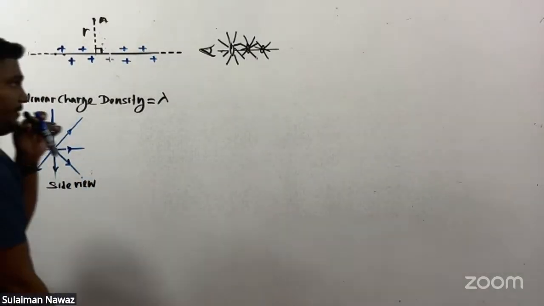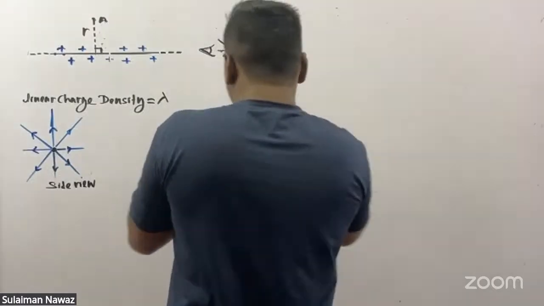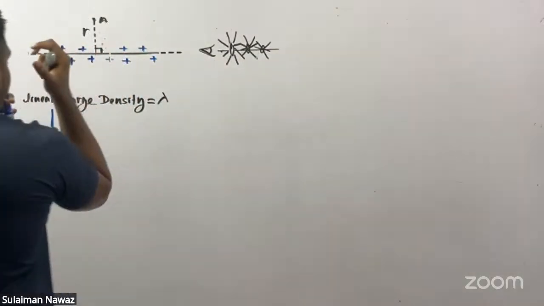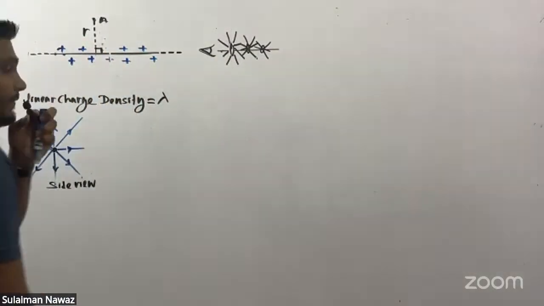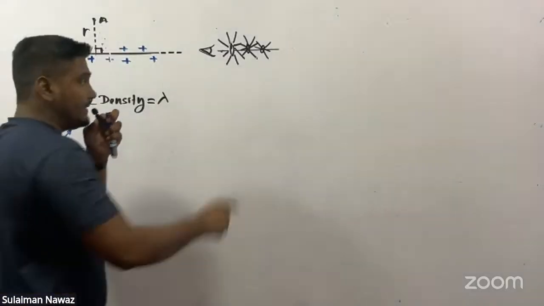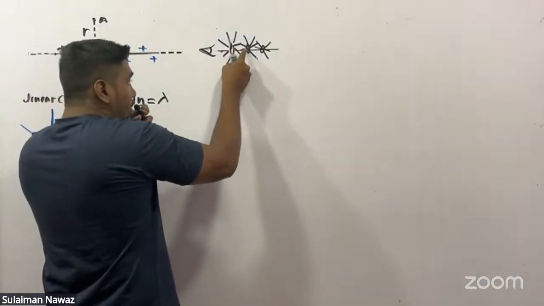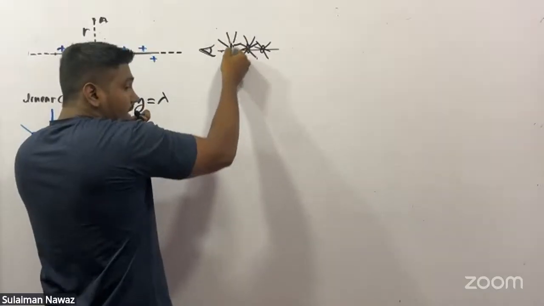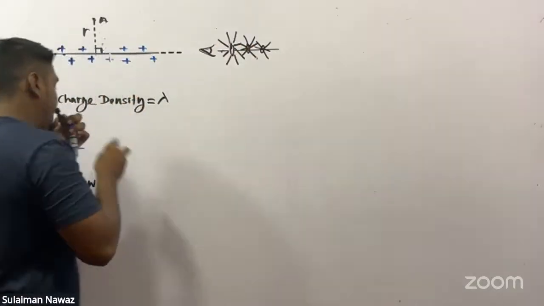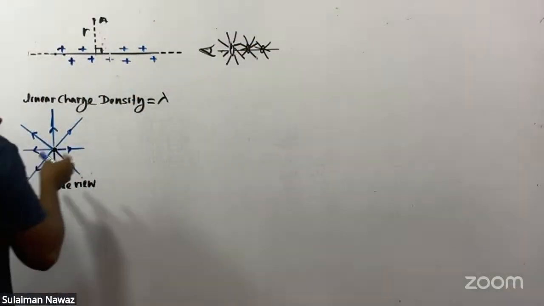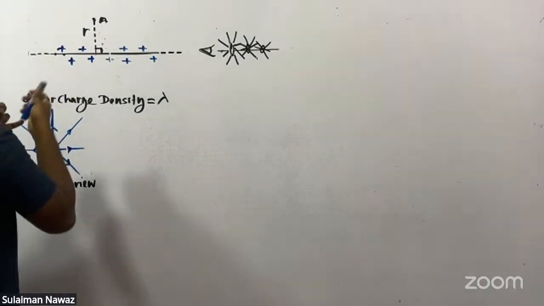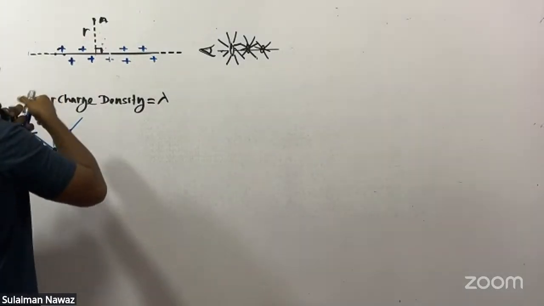Now let's say the front view. Now this is your thin wire. If you're looking from the front, how would the front view appear? As I mentioned, at every point on this wire, electric field lines are distributing. If I draw the front view of this wire, the electric field lines spread in this way.